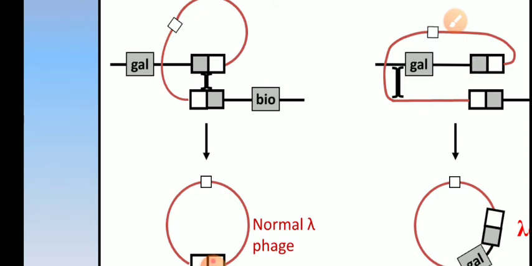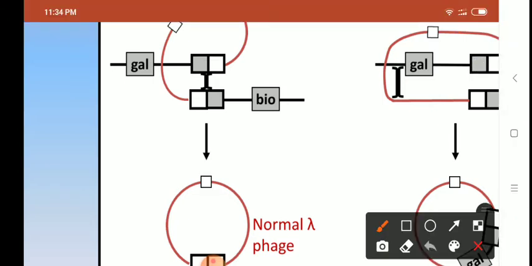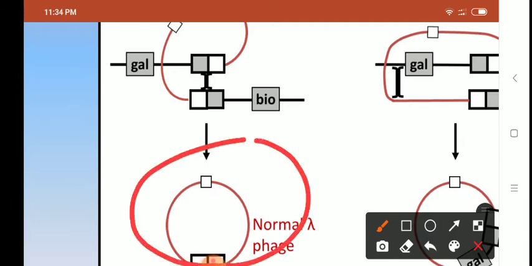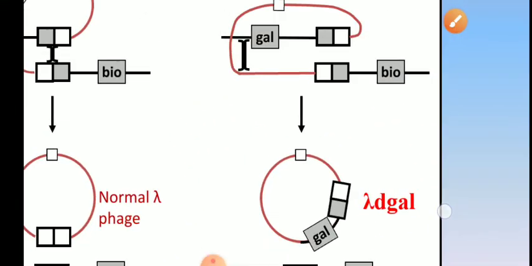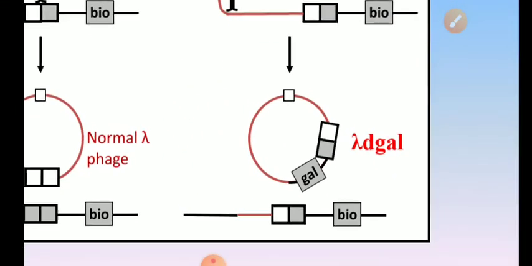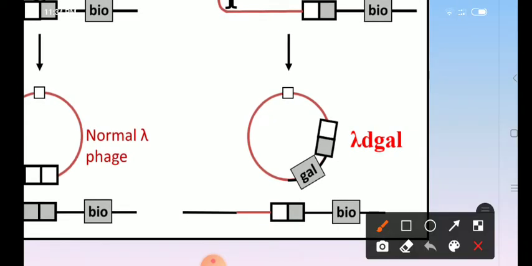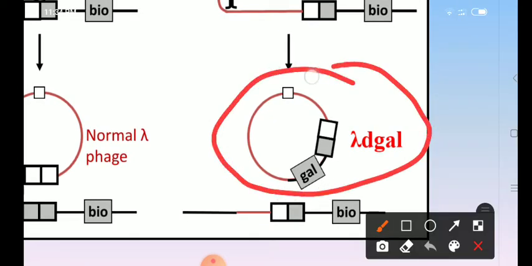In the second diagram you can see lambda phage has separated but it has carried with it the galactose gene. This is called lambda D gal, lambda phage defective for galactose gene.